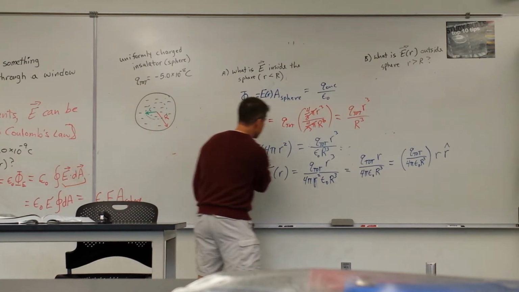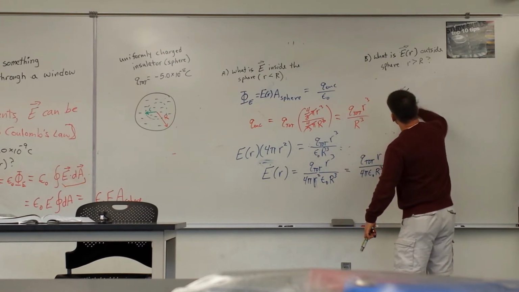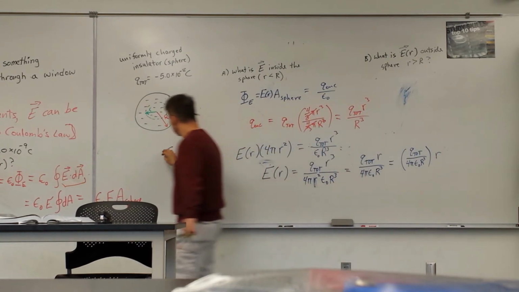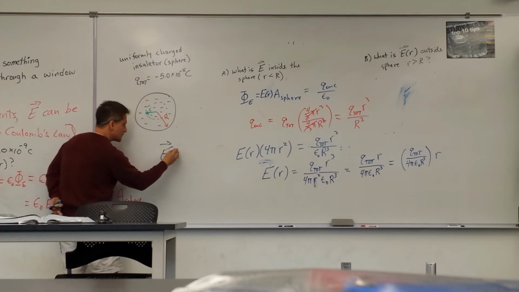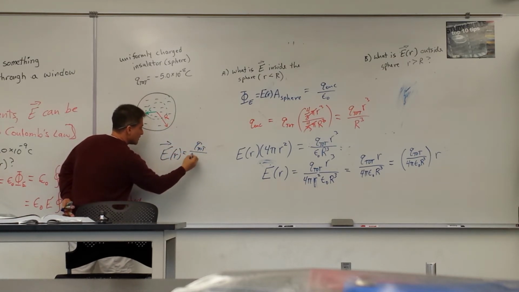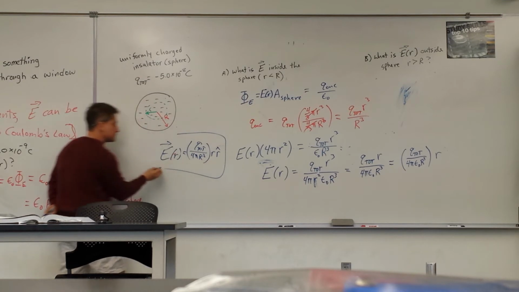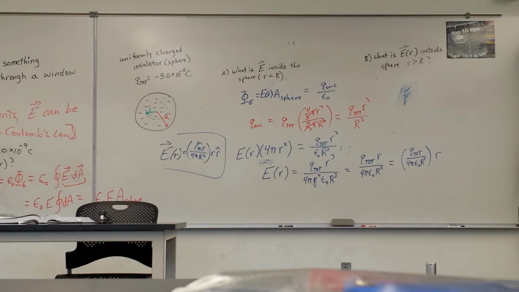Actually, I probably should have written it on a separate line. So I'll simplify and say this is Q total over 4 pi epsilon naught big R cubed, times r in the direction of r hat. Okay, there's my vector. If Q total is negative, then it just means it's pointing inward instead of outward at this particular location.